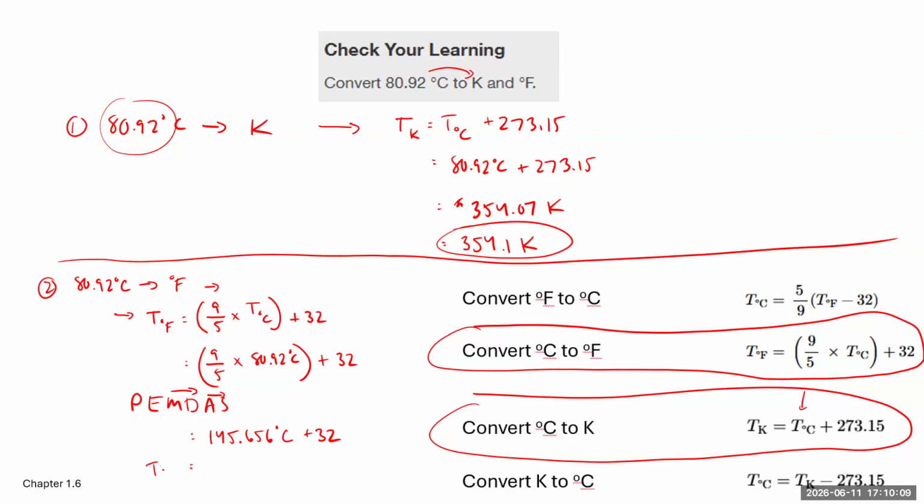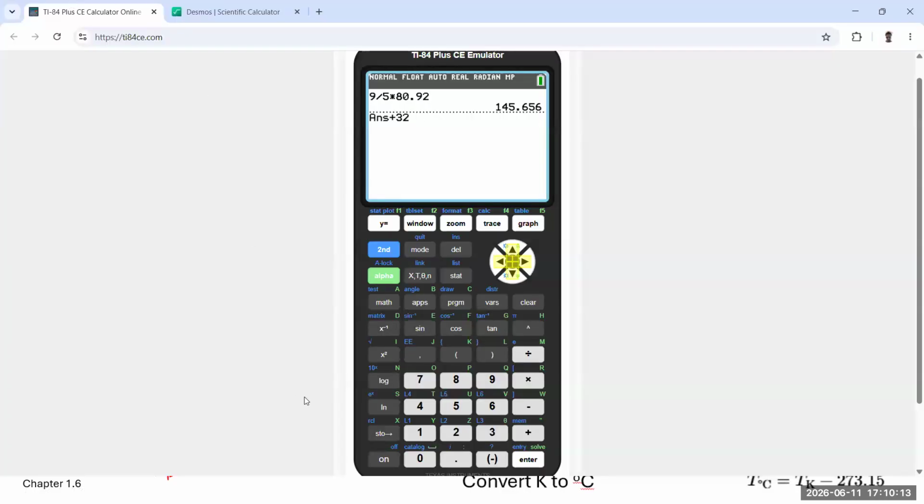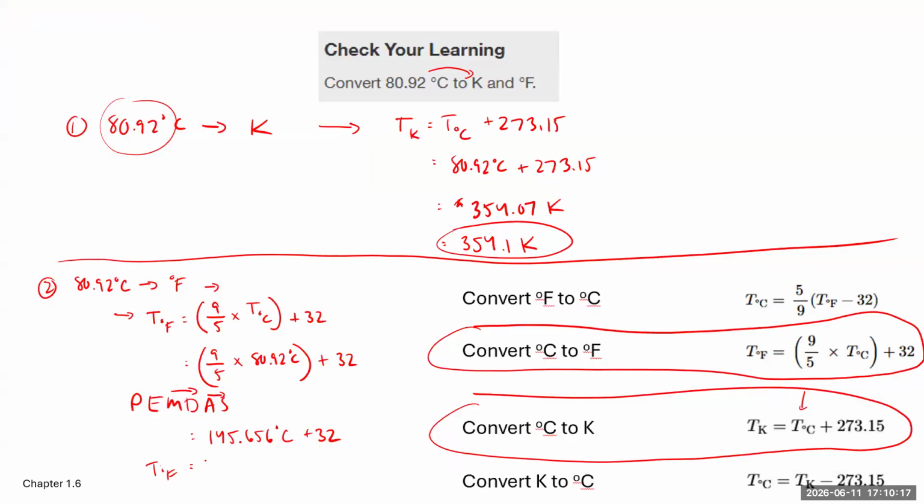So temperature in degrees Fahrenheit is going to be 177.656 degrees Fahrenheit, but we need 4 sig figs, so we're going to cut it off here and say 177.7 degrees Fahrenheit.